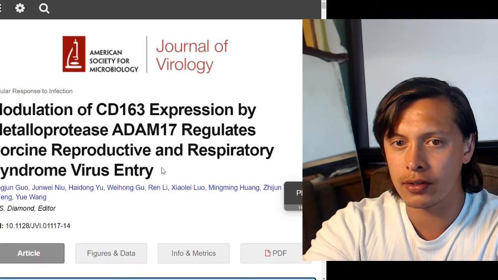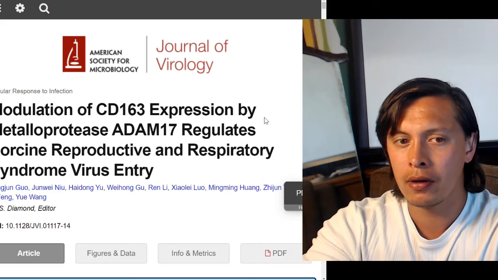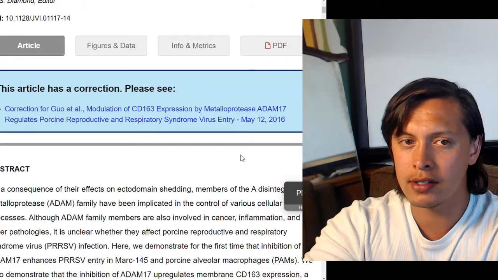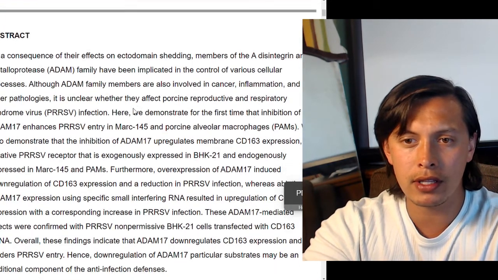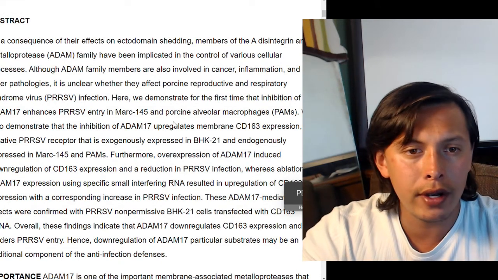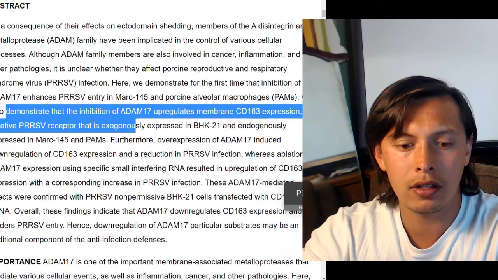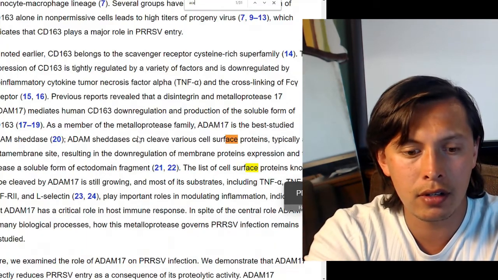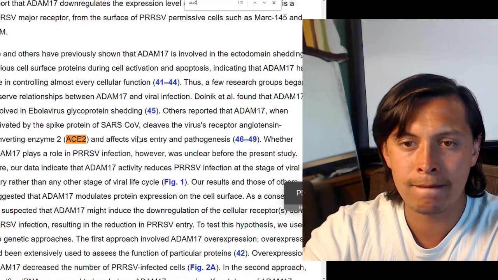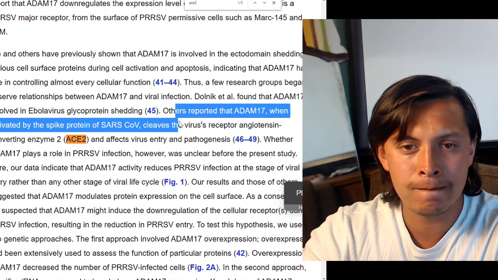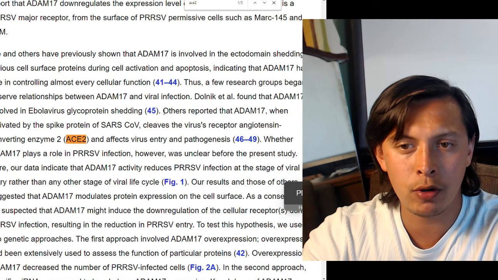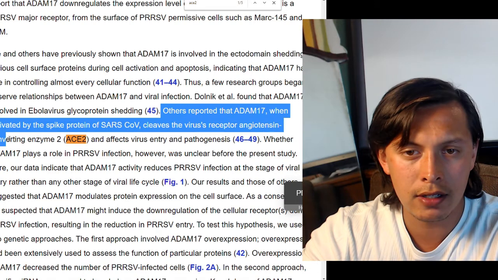Yeah, I think the CD163 positive immune cells might be ACE2 positive. Let me just read this real quick. Wait, find ACE2. Others report that Adam 17.